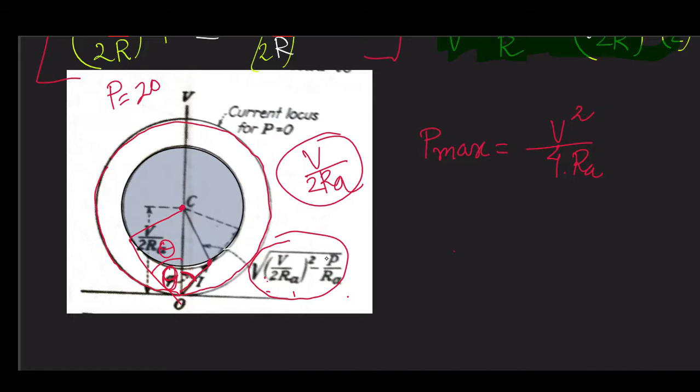So the current corresponding to the maximum power is V by 2RA, and how much power input will be there? If this is the value of P max we are getting, what does I become? First of all, tell me what would happen to the cos theta.